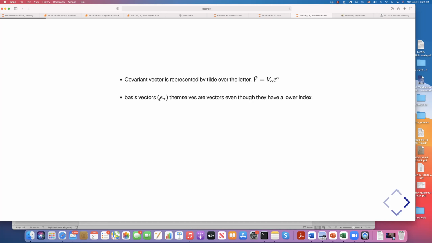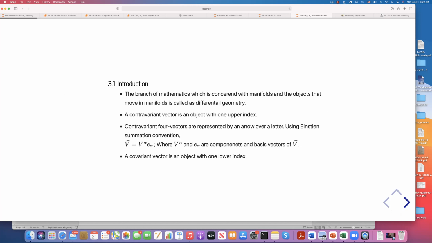Now, that's why I have mentioned here that for the basis vectors, E alpha themselves are vectors even though they have a lower index. And the basis covariant vectors, which is E upper index alpha, are actually covariant vectors even though they have upper indices, right? The reason that I have made this statement, if you go into the previous section, you can see that for the contravariant vector, you normally have this upper index.